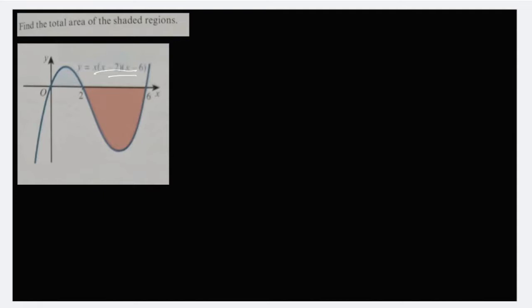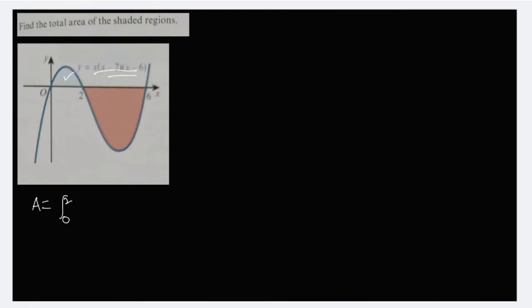So the area is equal to the definite integral. Let's solve the first one, the region shaded with blue. As you can see, the lower limit is 0 and the upper limit is 2.